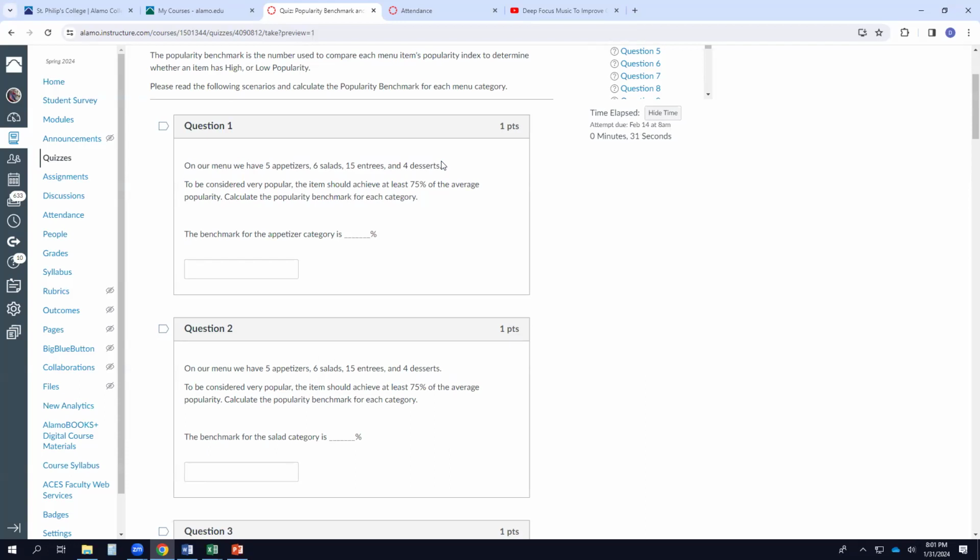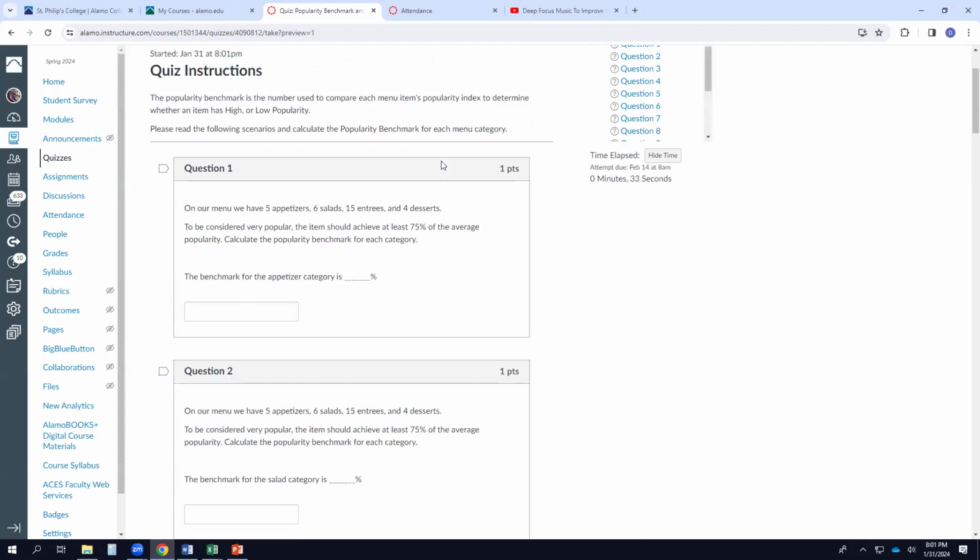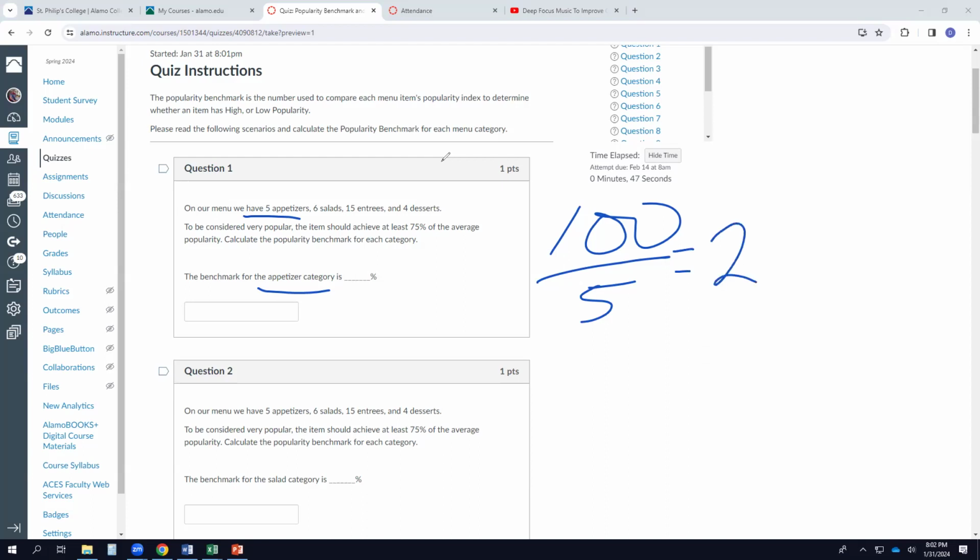So remember, we're going to divide 100 by the number of menu items. Number 1 is the appetizer category. How many appetizers do we have? 5. So we do 100 divided by 5, and that equals 20.